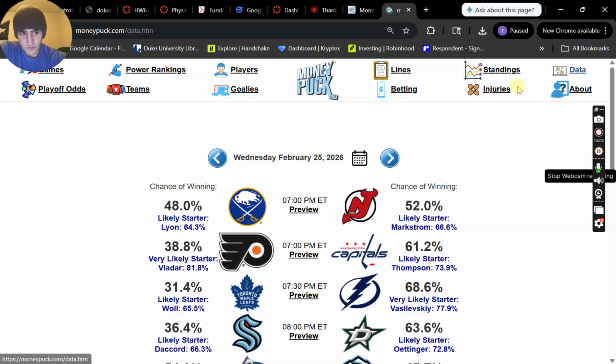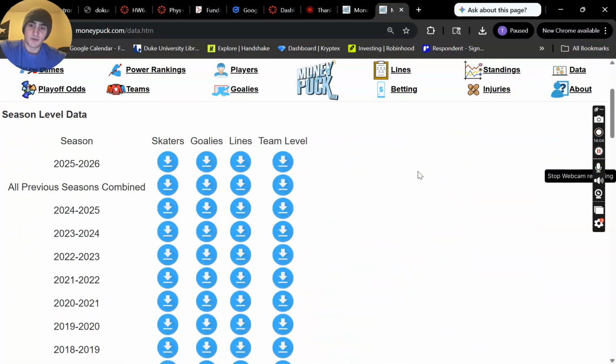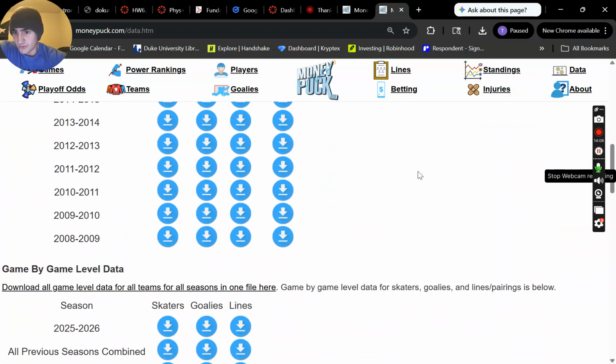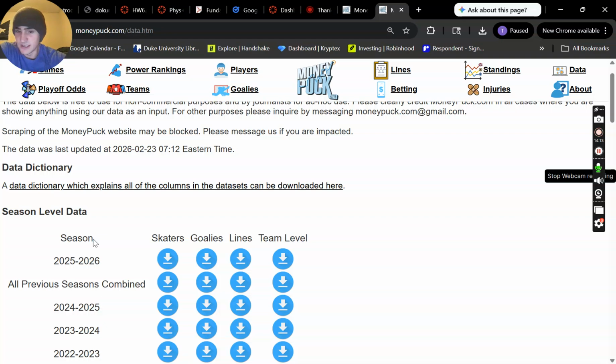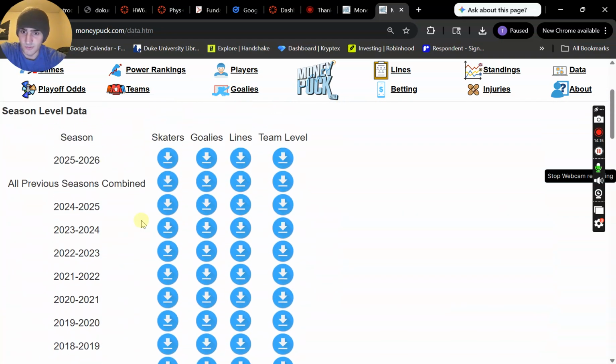The final thing I would like to show you, for those who are interested, is that MoneyPuck has all of your data available going back to 2008 for team data, game by game data, season level data, whatever you want to see.